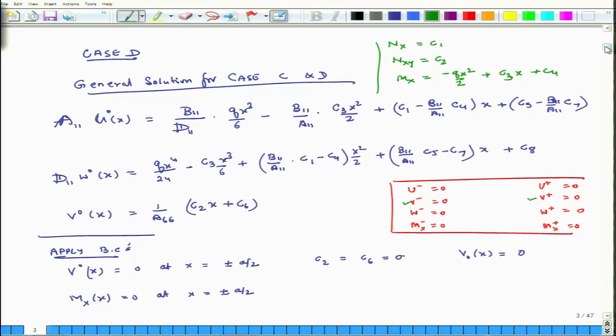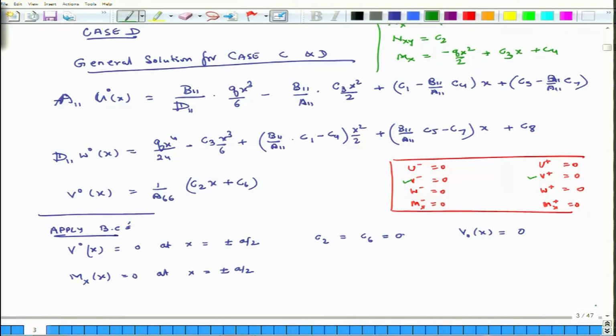So, in this we will apply the second boundary condition, mx is equal to 0 at positive edge and negative edge. Which means that minus qx square over 2 plus C3x plus C4 is equal to 0 at x is equal to plus minus a over 2. Okay.